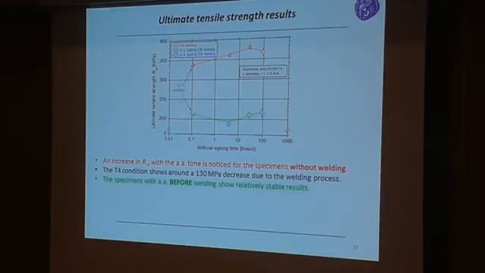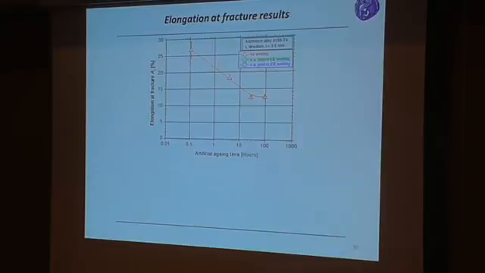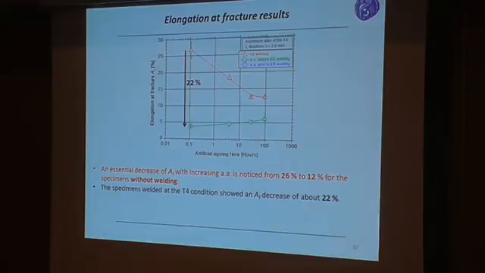Specimens with artificial aging before welding show relatively stable results, and those aged post to the weld again have similar behavior to the specimens without welding. For elongation of fracture, an essential decrease for specimens without welding is noticed, from 26 to 12%. The T4 condition shows a decrease of about 22%.